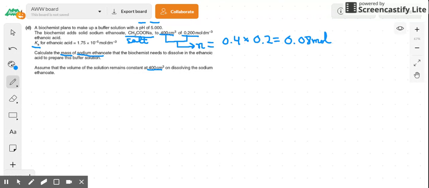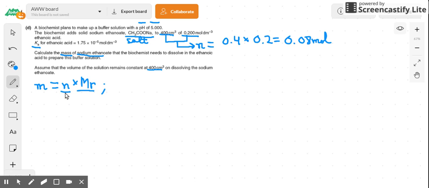Okay, so if we want to know the mass, probably we need this equation, which is mass equals the number of moles times MR. The MR is easy to get because we know the formula of sodium ethanoate.